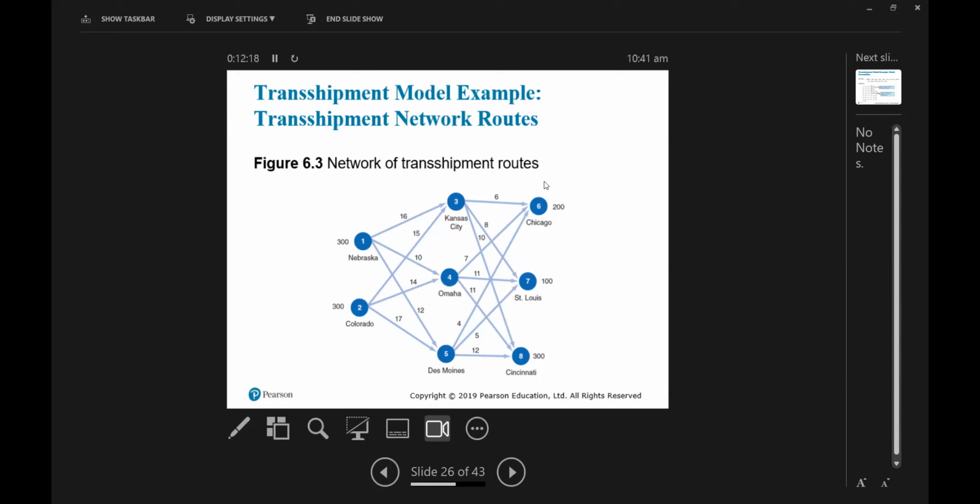That's what the first one stands for. Everything that is produced at the farm is equal to what is received at a particular transshipment station.